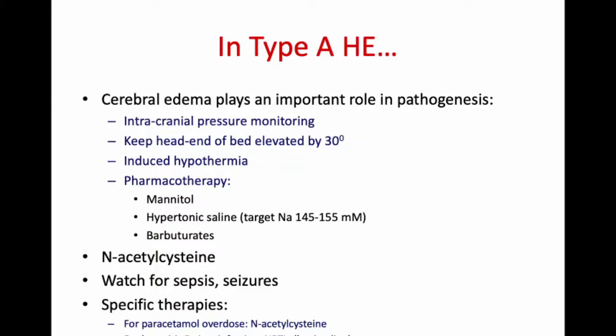We keep the head end of the bed elevated by 30 degrees, which we can do in Sri Lanka, and induced hypothermia, and some pharmacological methods such as mannitol, hypertonic saline to keep the target sodium between 145 and 155, and barbiturates to reduce cerebral metabolic function, and therefore, hopefully, they will not go into ischemia.